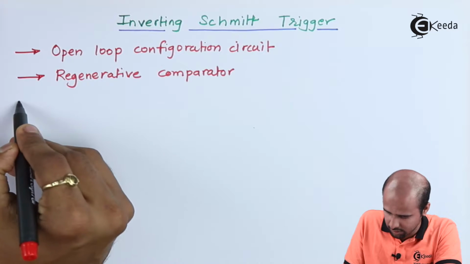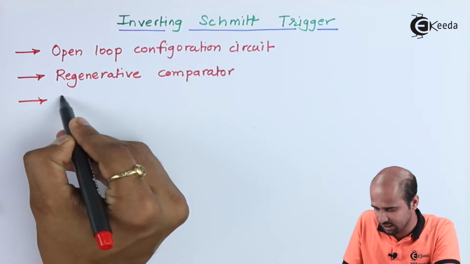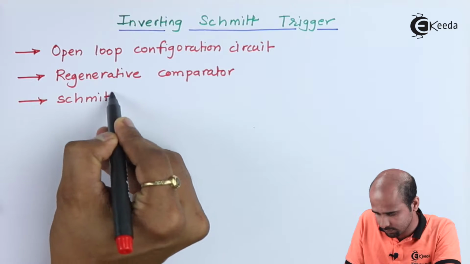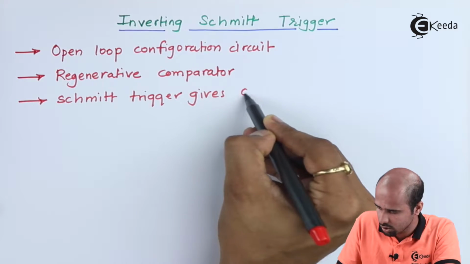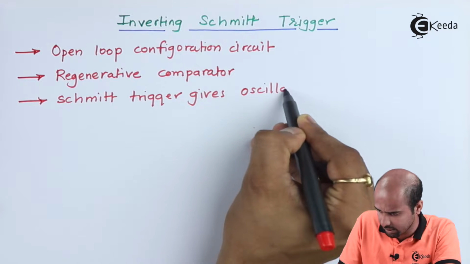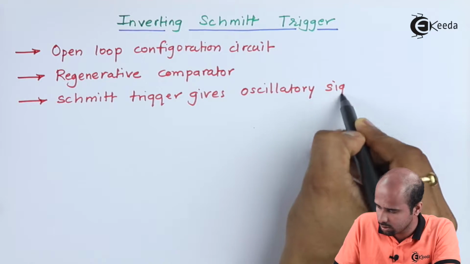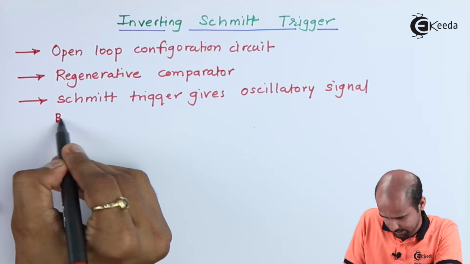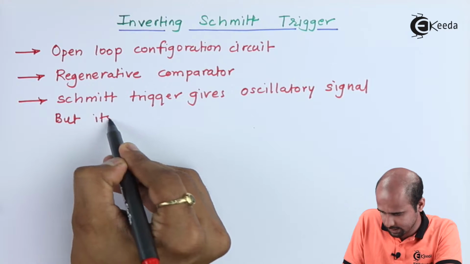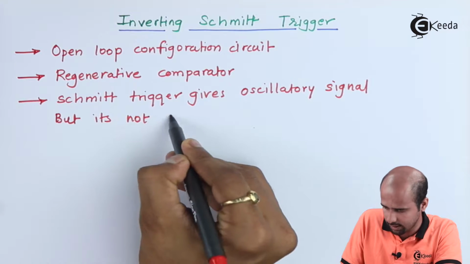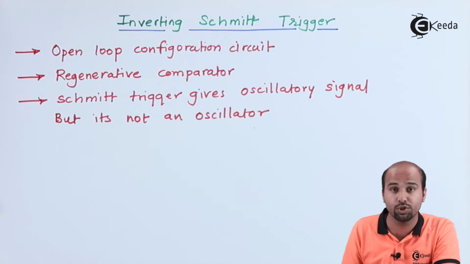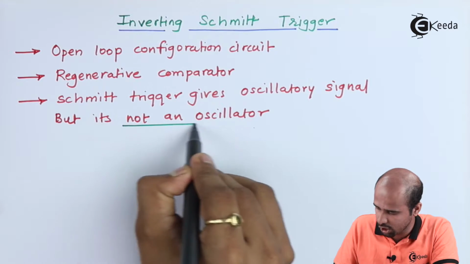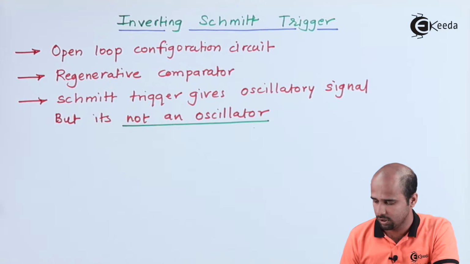So here I will write one more point, that Schmitt trigger gives oscillatory signal, but it's not an oscillator, which is very important. It is not an oscillator.